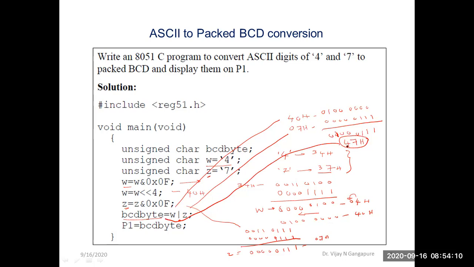So what is 47 actually? 47 is actually the packed BCD conversion of the ASCII digits 4 and 7, isn't it?